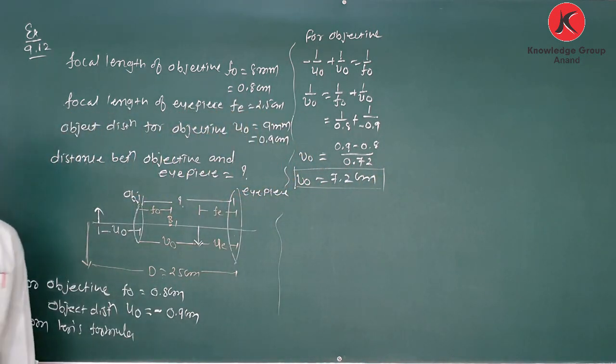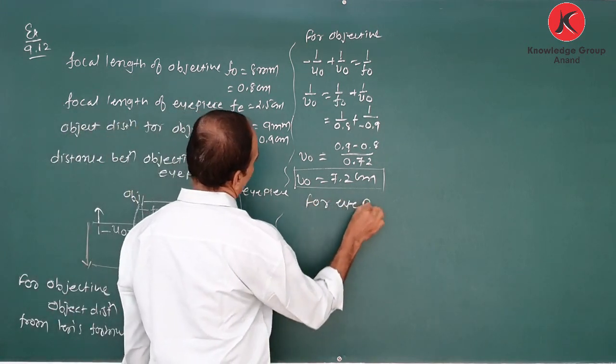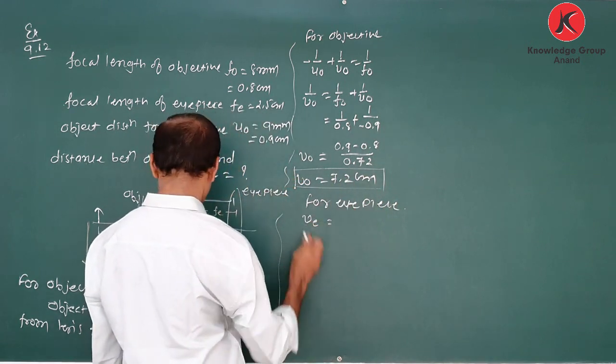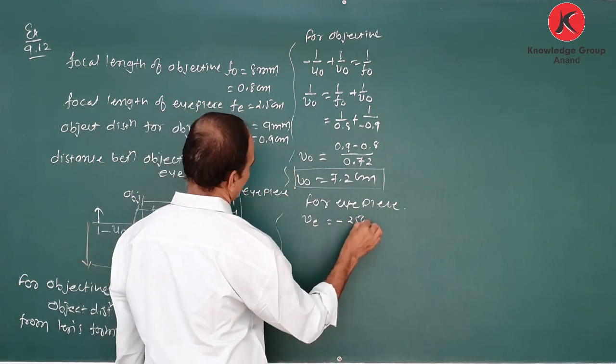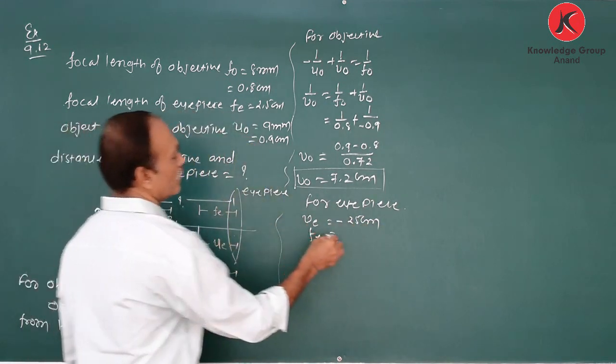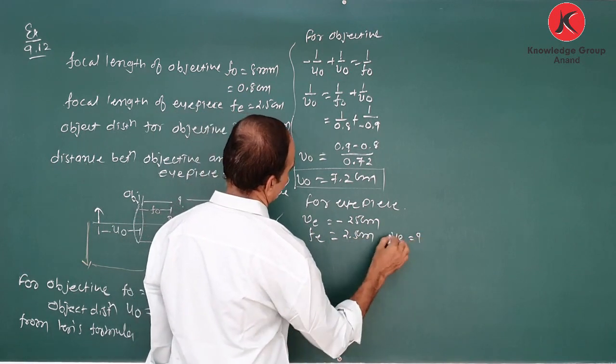Now, for eyepiece, VE is given. There is the minus 25 centimeter. FE is given 2.5 centimeter. We have to find out the UE.